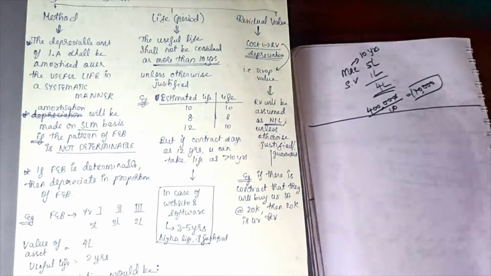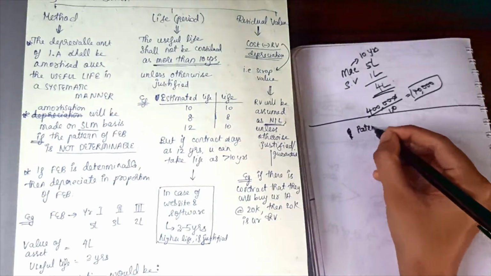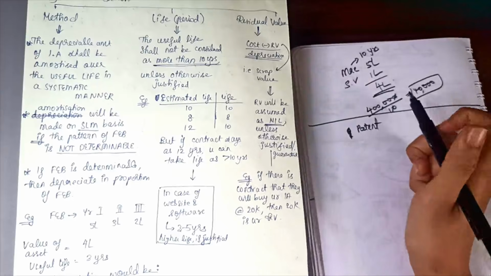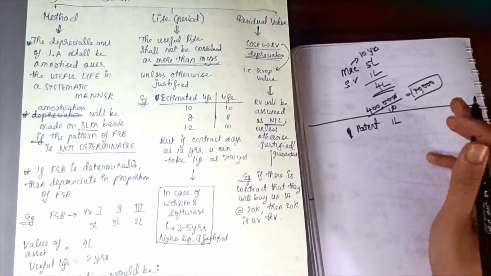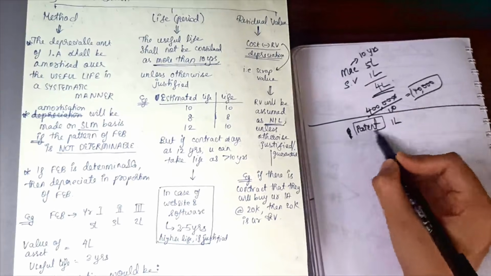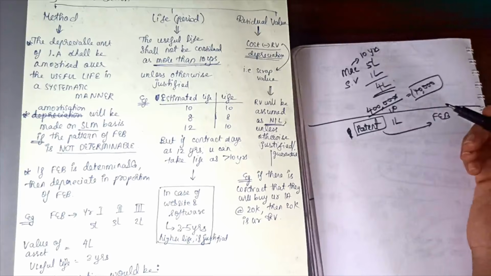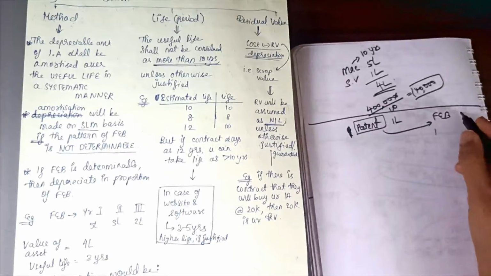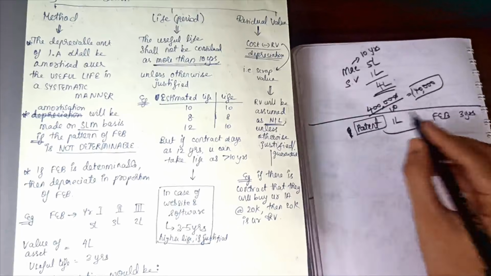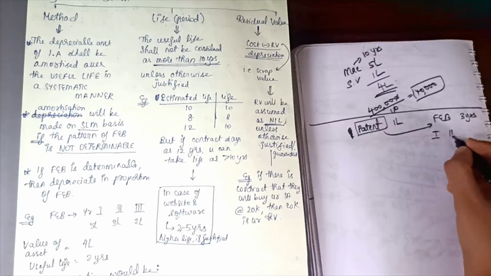Suppose you have some patent, and you are going to amortize this patent. The patent value is 1 lakh rupees. You know that you are going to get some future economic benefits from the patent, but you don't know how much. Like you know that the useful life of the patent is 3 years, so year 1, year 2, year 3.